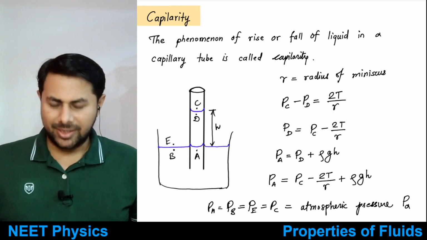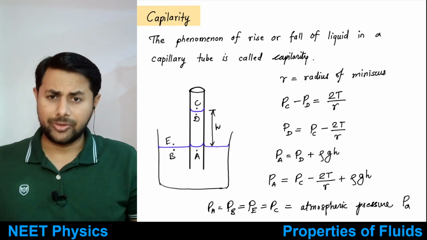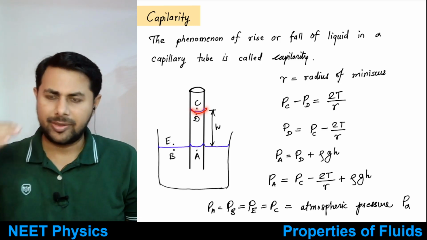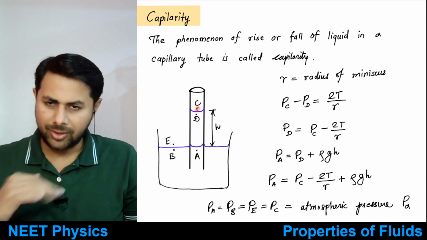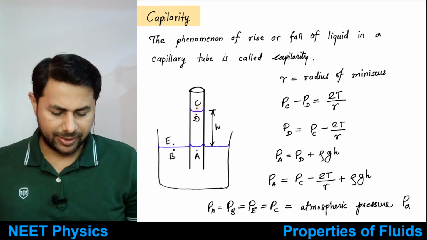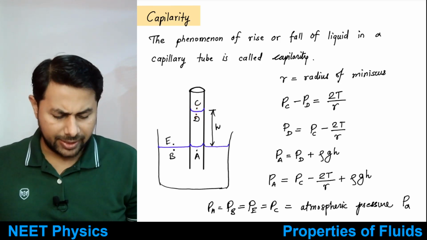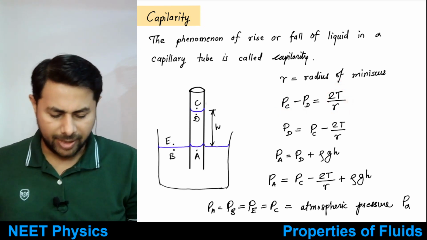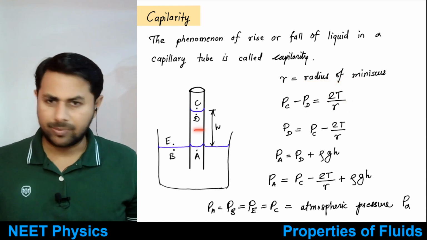We had studied that if the free surface of liquid is concave, then the pressure difference between the point on the concave side and the point on the convex side, suppose C is the point on the concave side and D is the point on the convex side, PC minus PD is equal to 2 times the surface tension divided by R. R is the radius of the meniscus, not the radius of the capillary tube.